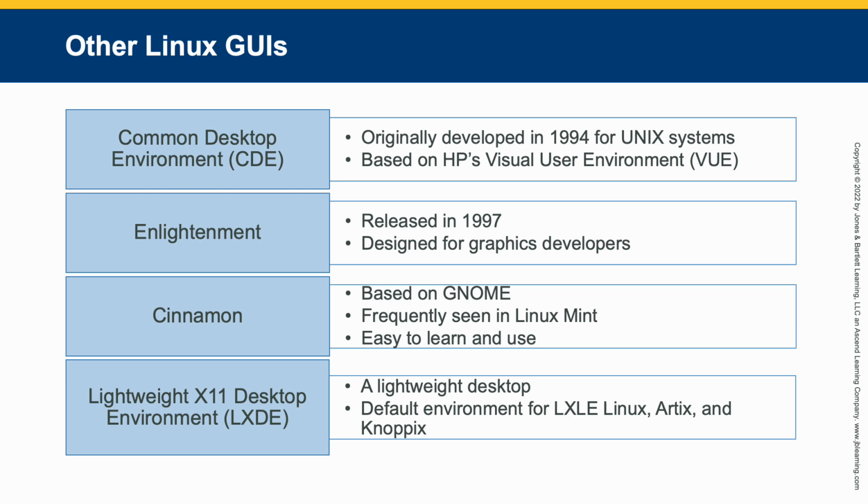Enlightenment is a highly customizable and visually appealing window manager and desktop environment for Unix-like operating systems. Known for its flexibility and aesthetic appeal, originally developed by Carsten Haitzler, Rasterman, in the late 1990s, Enlightenment started as a window manager, but it has since evolved into a full-fledged desktop environment with a wide range of features.